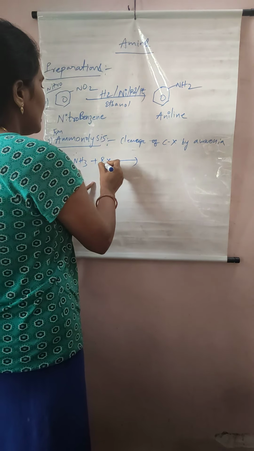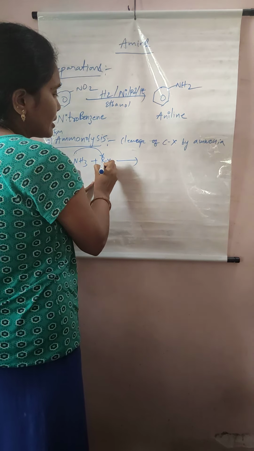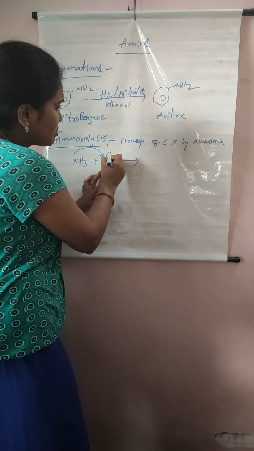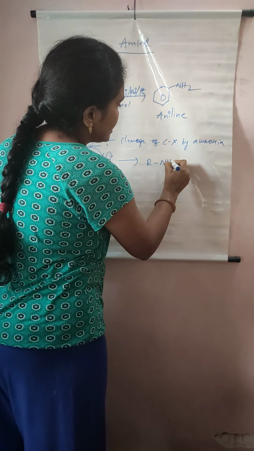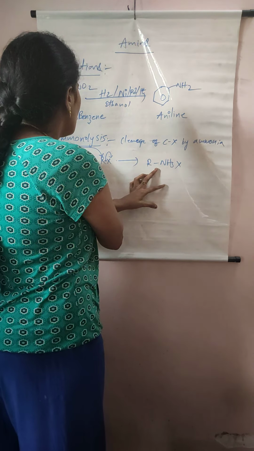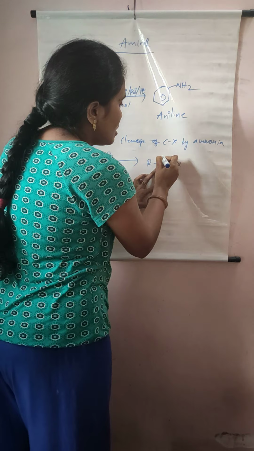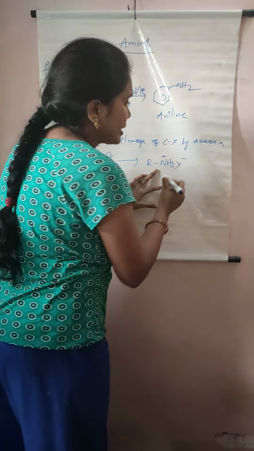The lone pair goes onto the alkyl group, and the bond migrates to the halide side. So you get R-NH3+ X-, where NH3 loses electrons so it is positive, and the halide side is negative.